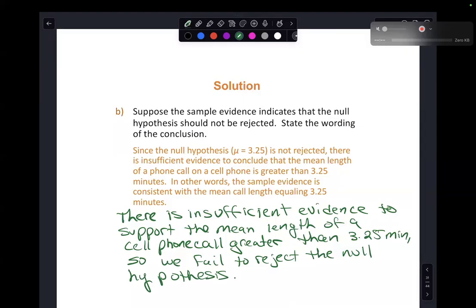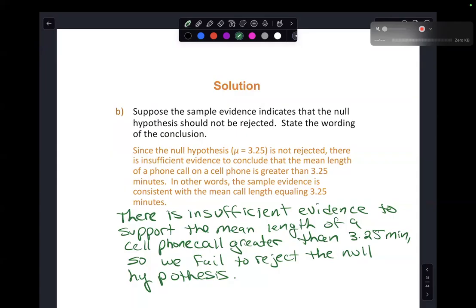So I haven't taught you how we're going to support it, what that evidence is going to look like. I haven't taught you that yet. But on your test, when you're writing a conclusion, I'm going to expect you to tell me how you know. I'm going to see all of your math and you're going to write fail to reject or reject, but I want you to tell me how you know.